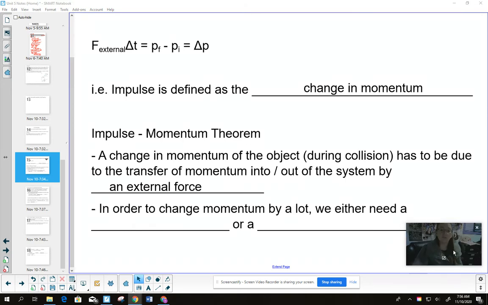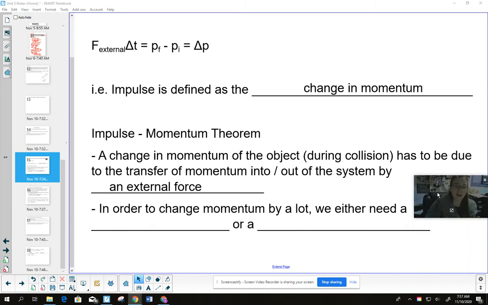So for a change in momentum to occur, we need to have our object colliding with something. Otherwise, that momentum is not going to change. Colliding, or of course being impacted by something. So friction we can call an external force as well. We're mostly going to be looking at collisions here.